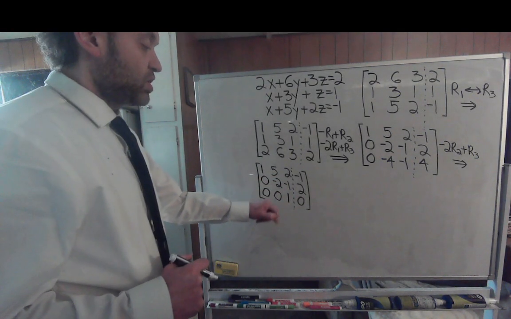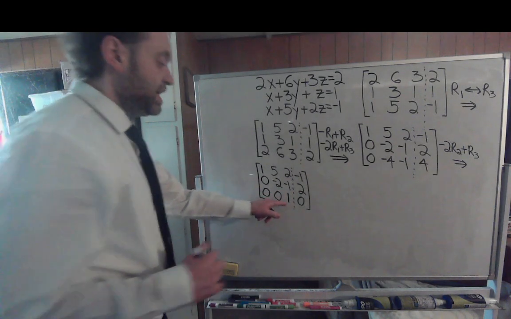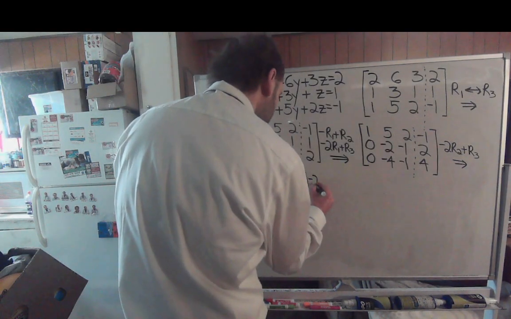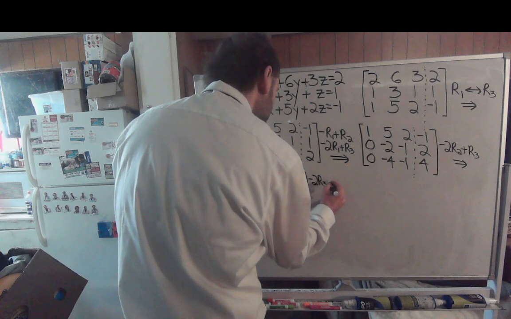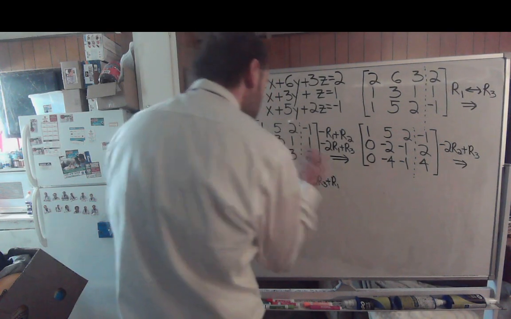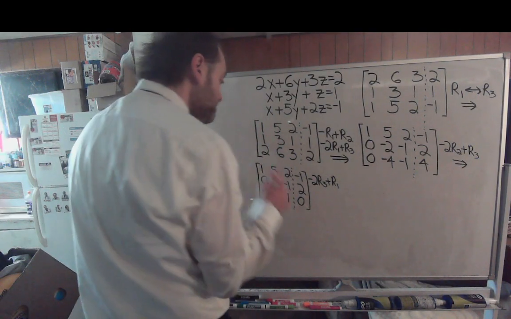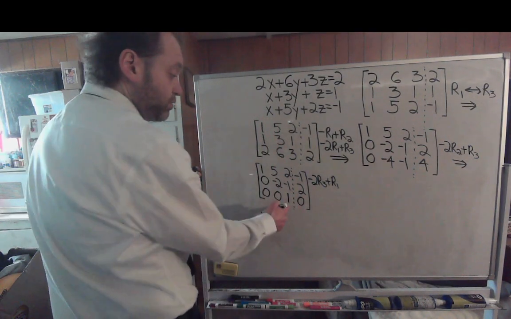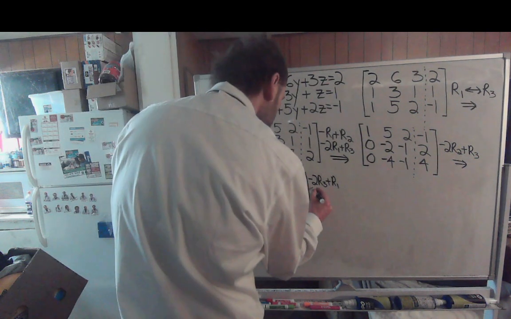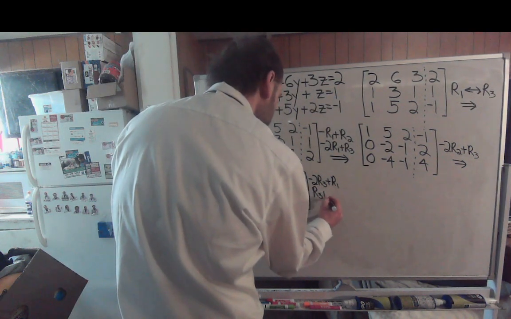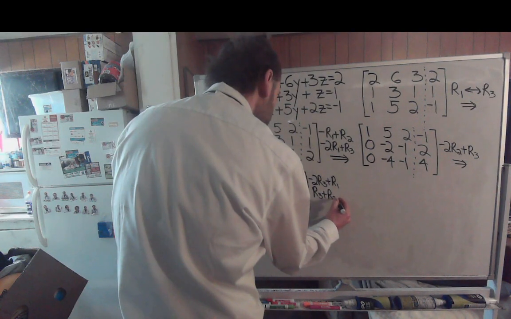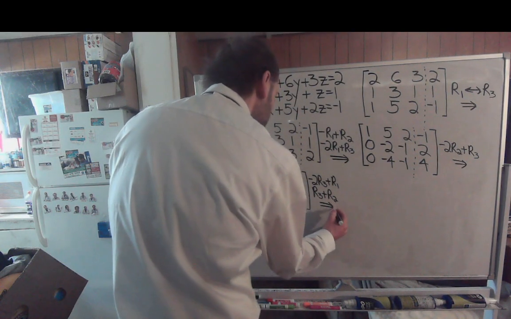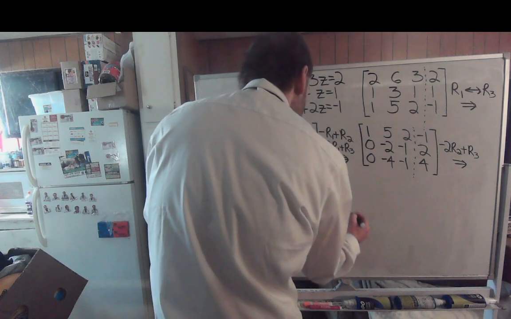So let's start with row 1. If I take -2 times row 3, add that to row 1, I can make that happen. And then if I just take row 3 and add it to row 2, I can make that happen also, and for both of those rows. So let's go ahead and do that here.